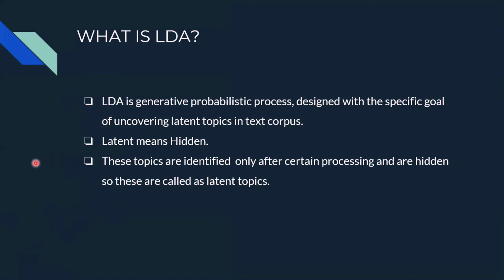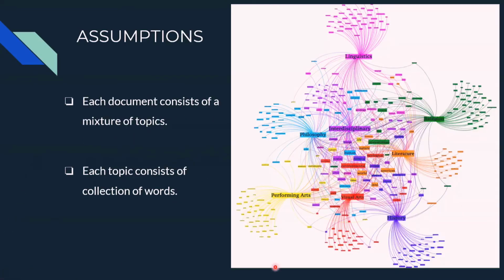Latent Dirichlet allocation is a generative probabilistic process which has the specific goal of uncovering latent topics in the text corpus. As we have seen in this picture, these words, linguists, religion, interdisciplinary, philosophy, were not there before.